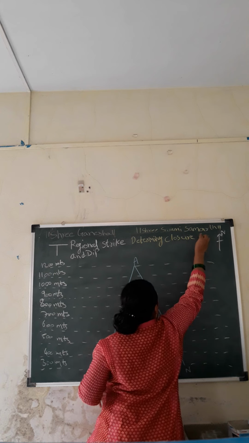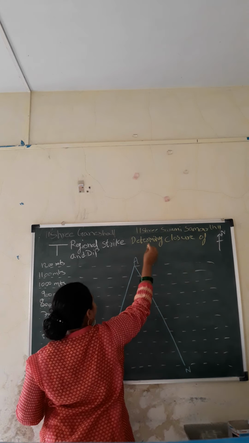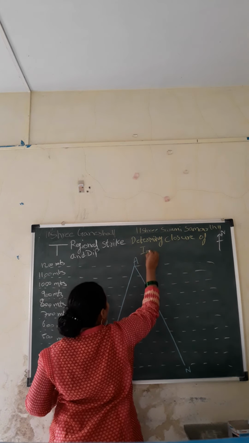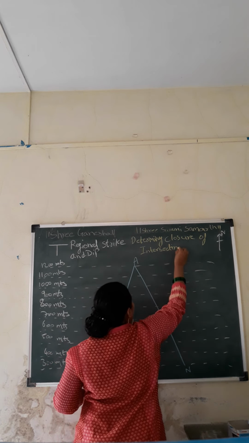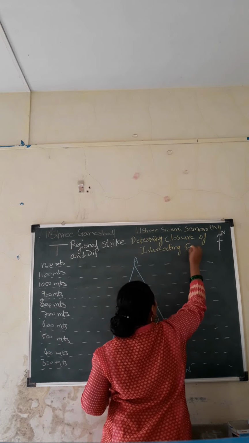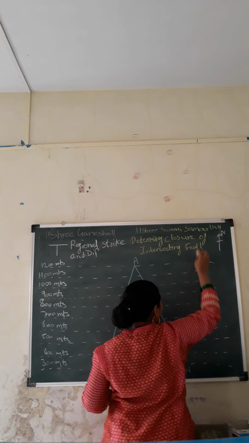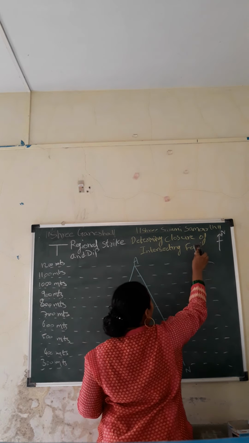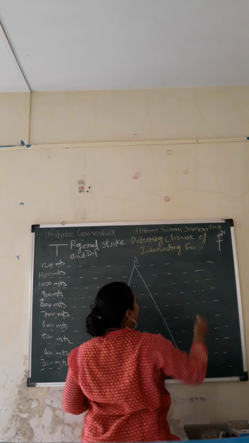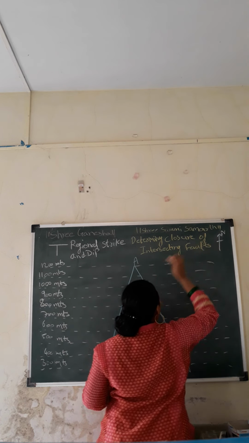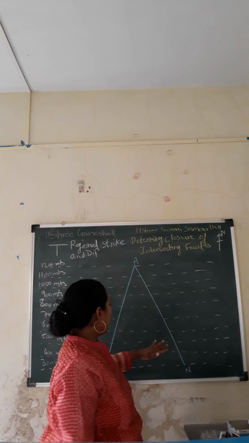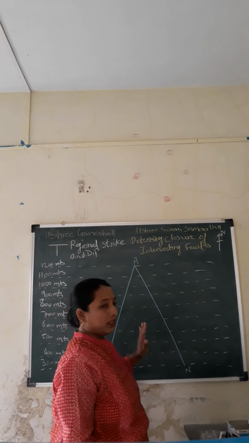Closure of intersecting faults, and we have the upthrown block in the Downdip region.